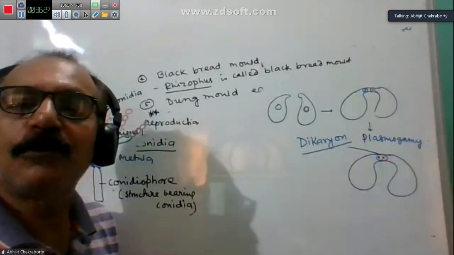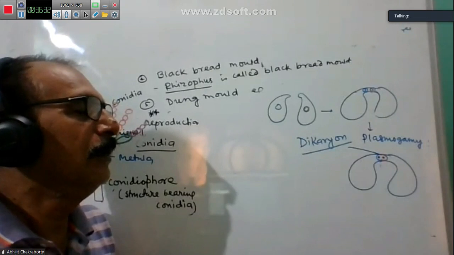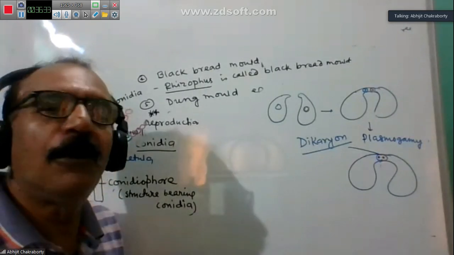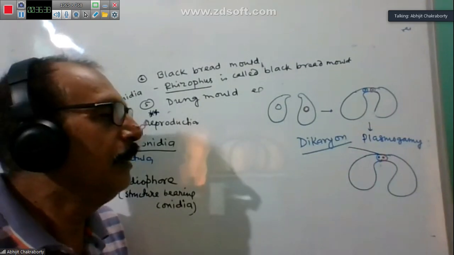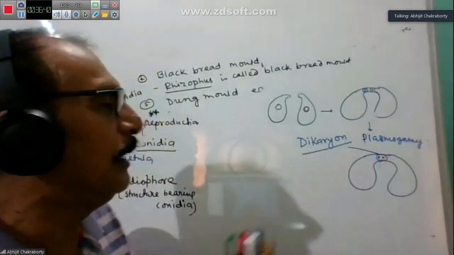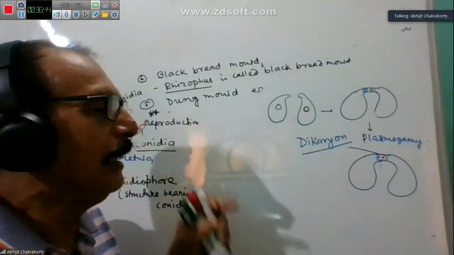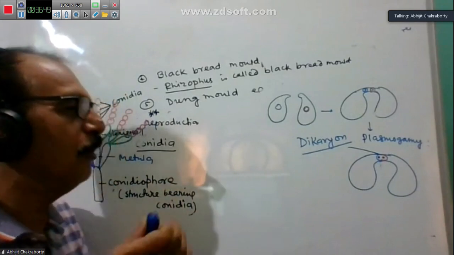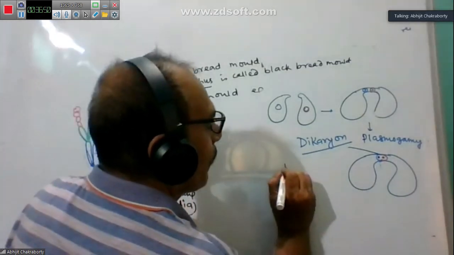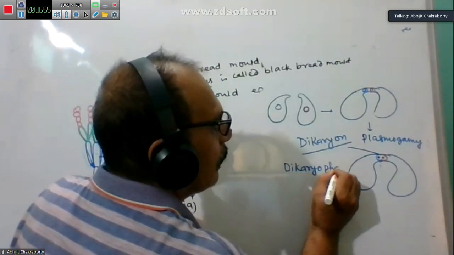In ascomycetes and basidiomycetes fungi, the plasmogamy is not immediately followed by karyogamy. So an intermediate stage is developed, which is called dikaryophase.